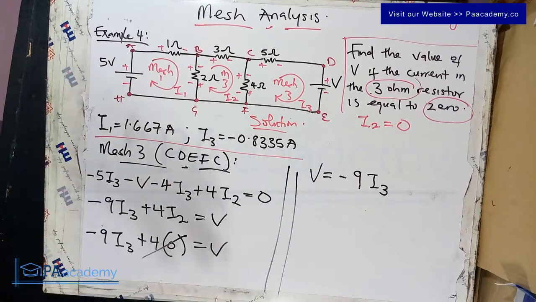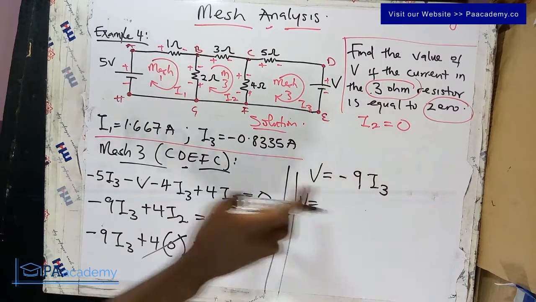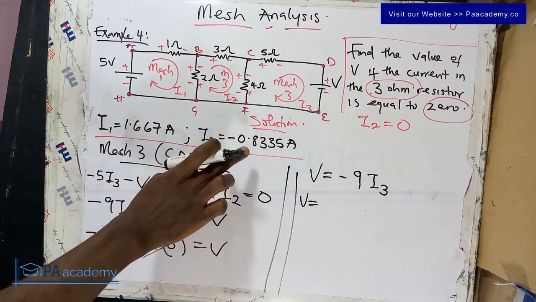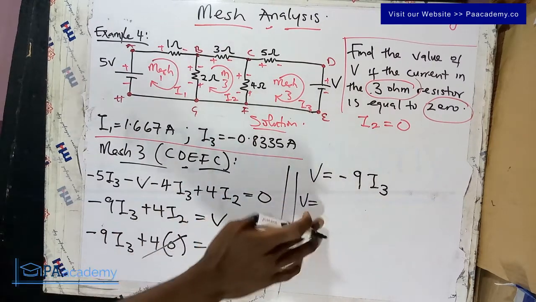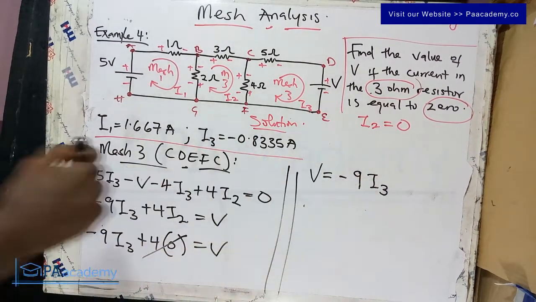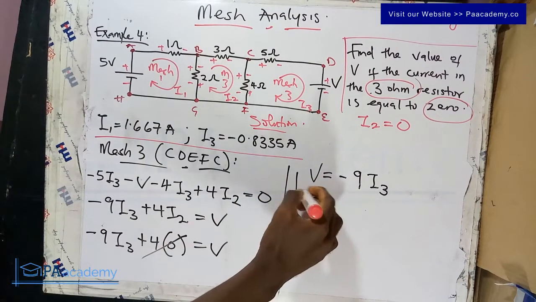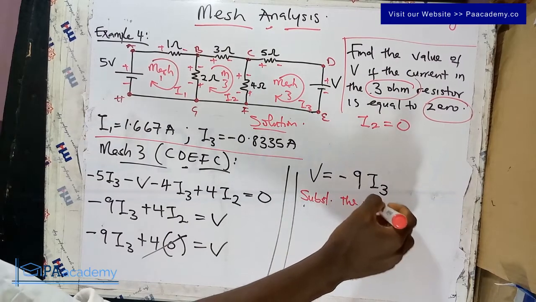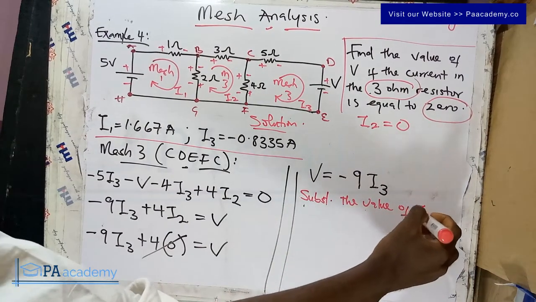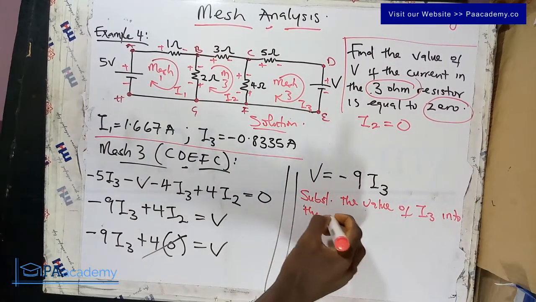Are we following? So that means our V is equal to, now remember that I3, we've gotten the value of I3 to be minus 0.8335 amperes. So we'll substitute the value of I3 into the above equation.